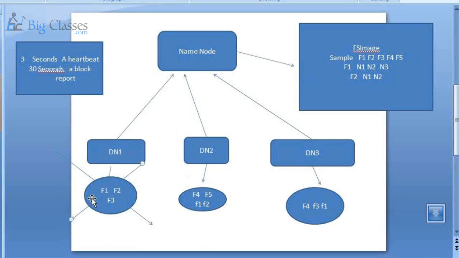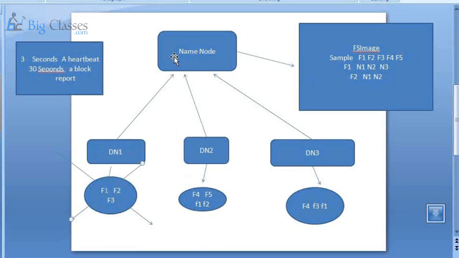Now, this name node also should allocate some other process, should initiate that particular process to rerun that particular F1 block once again. So where is that F1 block? It is available here as well as here.